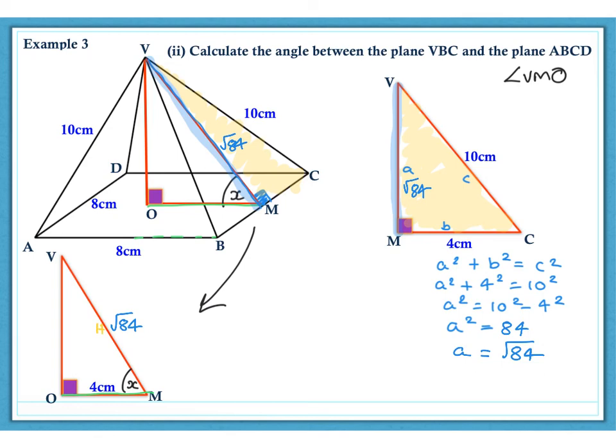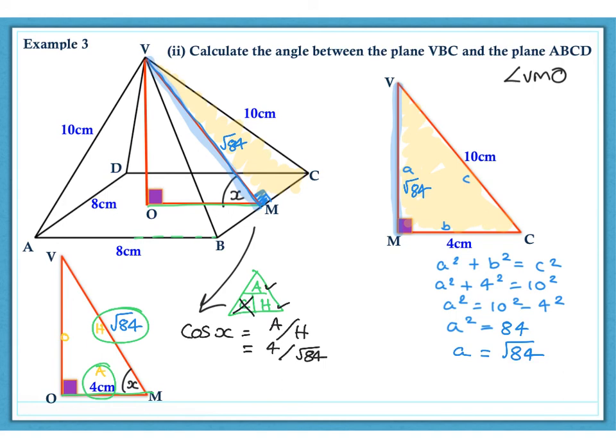The hypotenuse is here. The opposite is here. The adjacent is here. Highlight the key information. There we have it. We have A and H, so we're using CAH again, or cos. We know A, we know H. Cos of X has got to equal the adjacent divided by the hypotenuse, which is 4 divided by root 84.